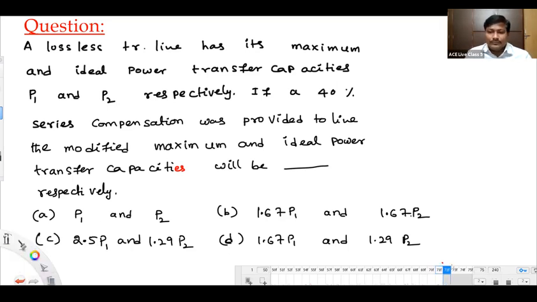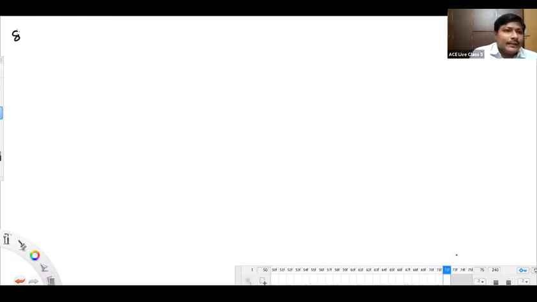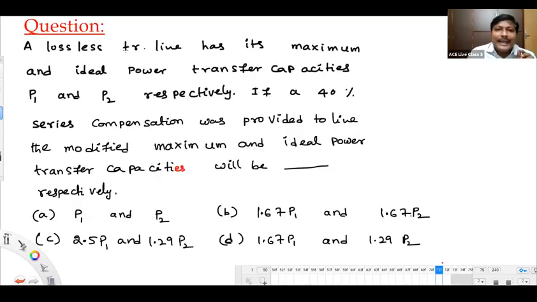See, in the problem he is saying that the line has maximum and ideal. What do you mean by maximum? P max. What do you mean by ideal power transfer capacity? SIL.